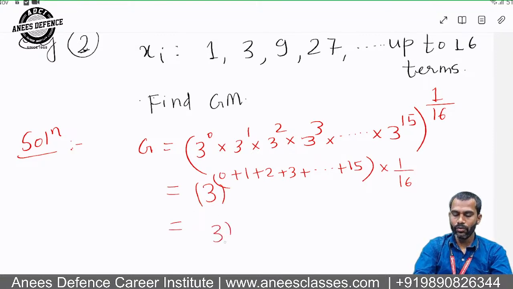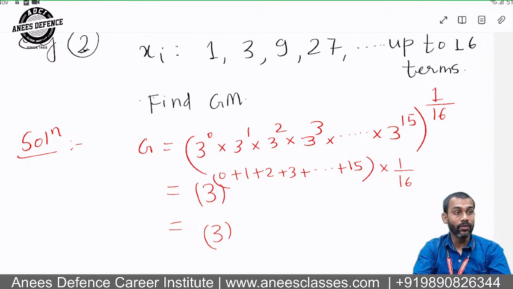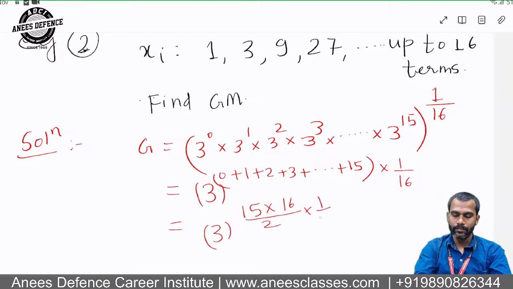We don't have to add 0, so from 1 to 15 we have to add. We already know the sum of first n natural numbers, and n is 15 here. So 15 into 15 plus 1, that is 16, divided by 2 into 1 by 16. Yes or no? This 16 and this 16 will get cancelled.